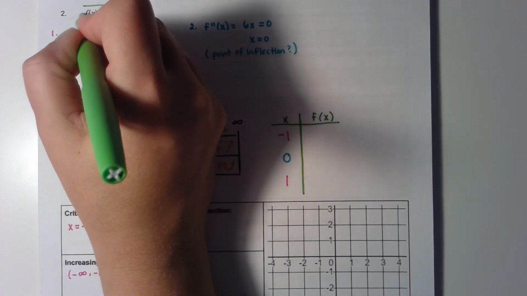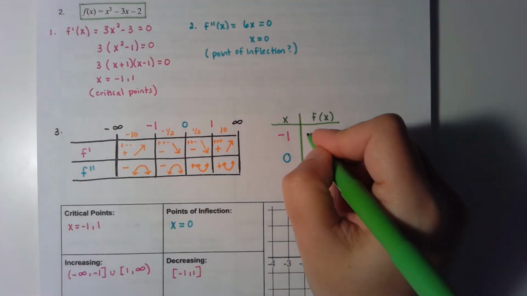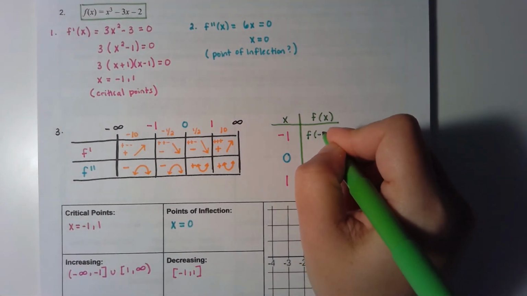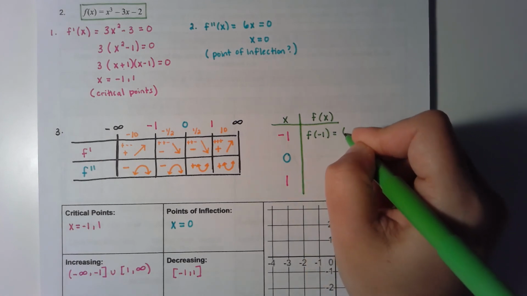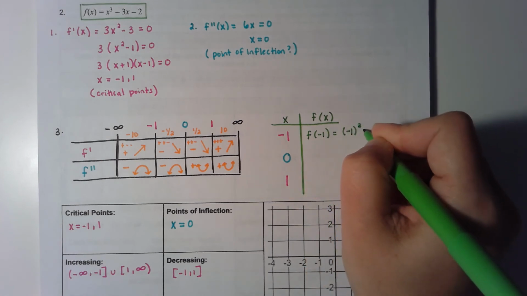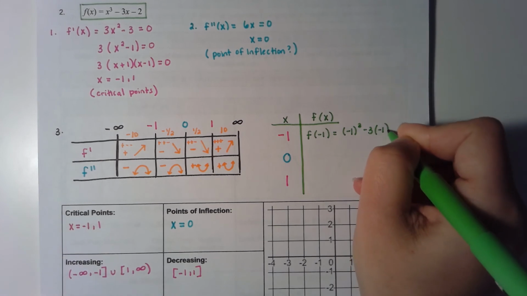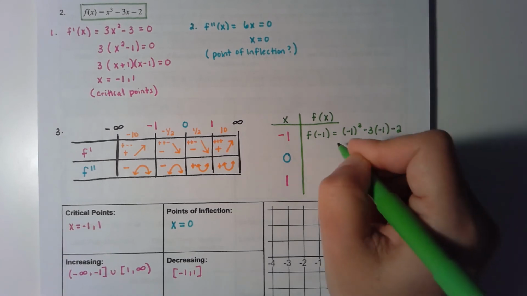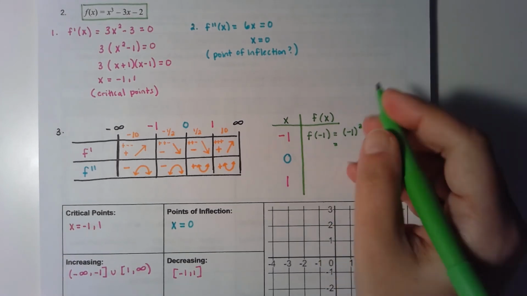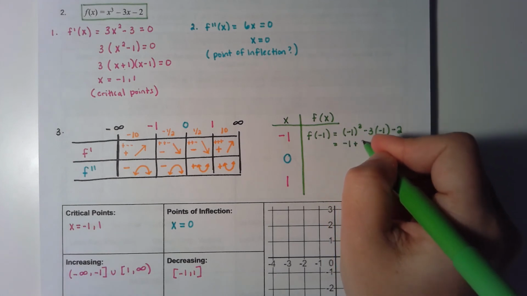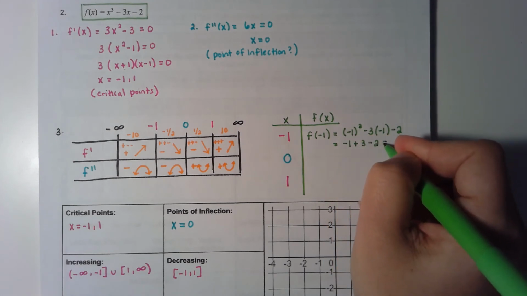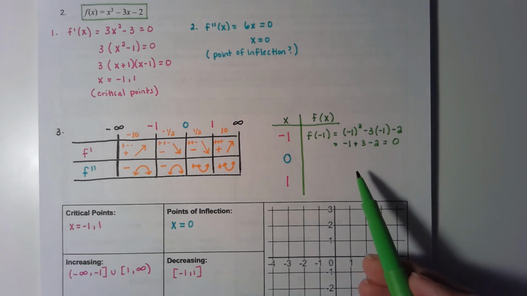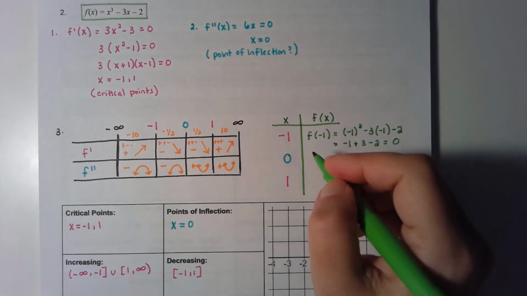So again, I want to find the y values. So I'm going to use the original. So f of -1 would be -1 cubed minus 3 times negative 1 minus 2. Now that gives me negative 1 plus 3 minus 2, which is 0. Next, I'm going to plug in 0.